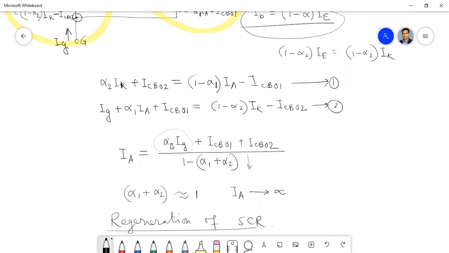When your denominator becomes very small, though ICB01 and ICB02 are very small, as the denominator is also small, the ratio becomes high. So you will have sufficient anode current in spite of zero gate current.